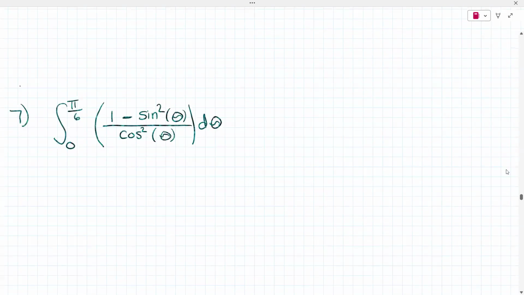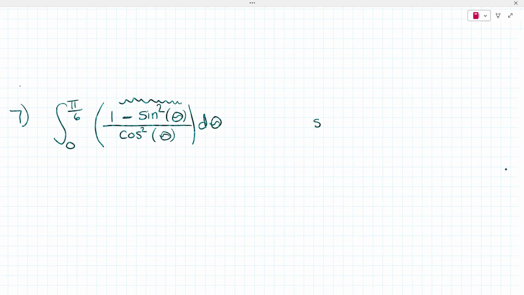Okay, let's move on to 7. With 7, we have to take the integration from 0 to pi over 6 of 1 minus sine squared theta all over cosine squared theta d theta. So this is where we need to use one of our identities, and it's related to our Pythagorean identity.